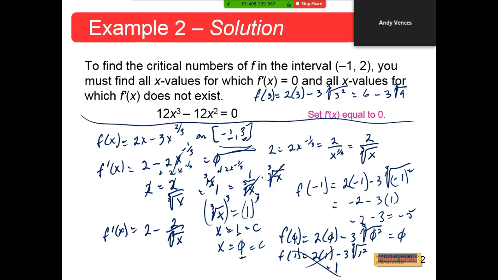So you got 6 minus 3 times something a little bit greater than 2. That would be something a little bit greater than 6. 6 minus something a little bit greater than 6 is going to be negative, but it's not going to be very negative. So in my mind, -5 wins, and whoa, 0 is your maximum.